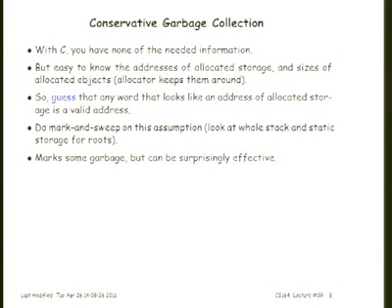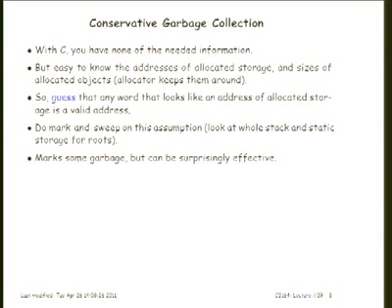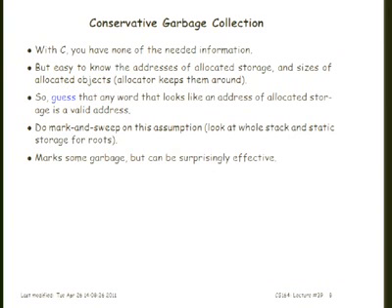And then, to do garbage collection, we'll just sweep through all of the stack and all of static memory, whose addresses we can find. And even though we don't know which of those things are supposed to be pointers, we can look for all the things that look like they're pointers. In other words, that happen to be addresses of things that you've allocated. And we can say, let me assume this is a pointer and mark this thing.